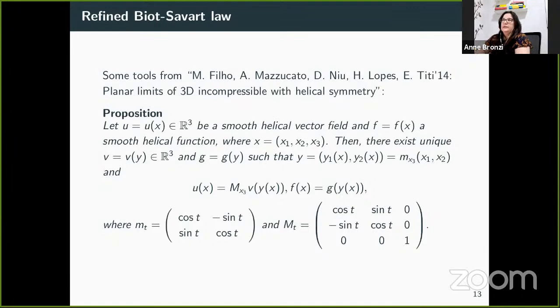So we used, as in this work of Jiu, Li and Niu, the symmetry in a clever way. Okay.